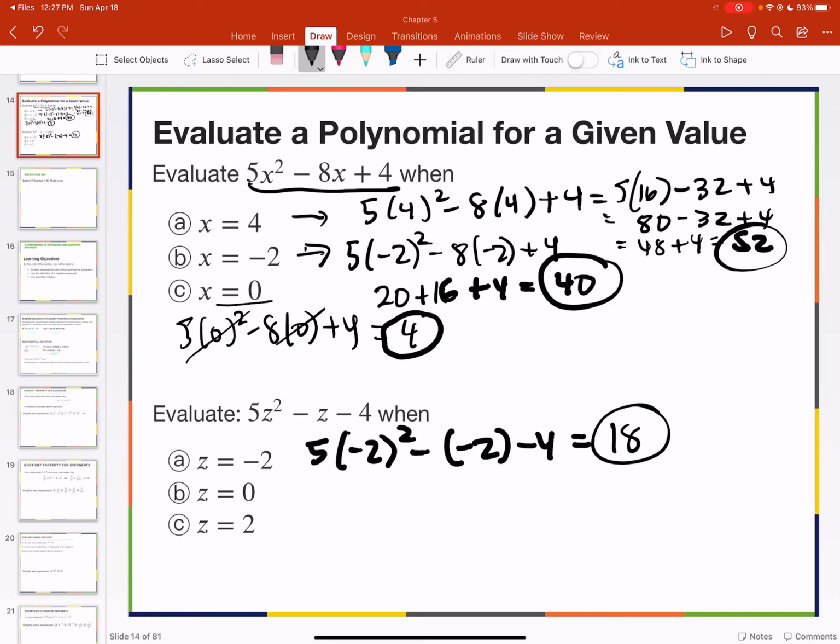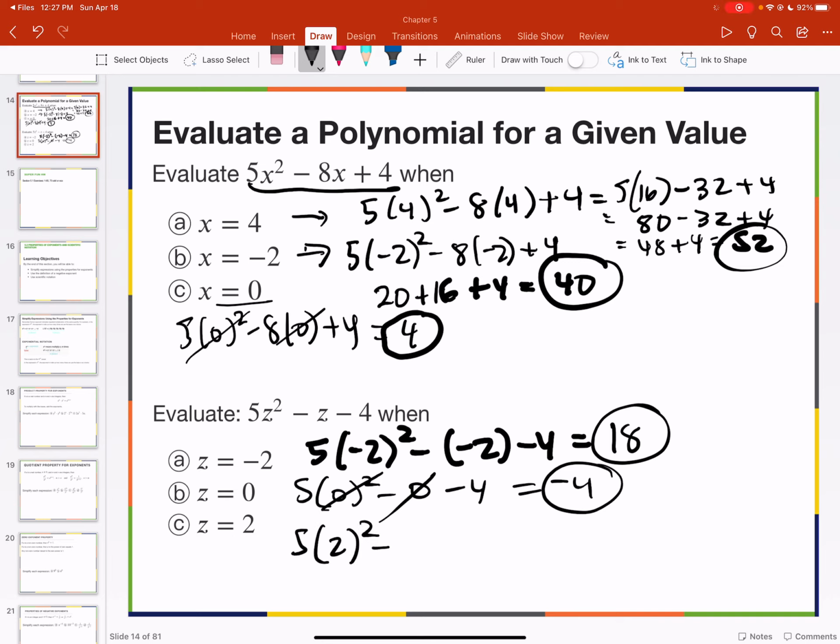Okay, at 0, that's the easy one because 0 makes everything go away. Your answer is just -4. At 2, 5 times 2 squared minus 2 minus 4, that's going to be 20 minus 2 minus 4. So 18 minus 4, final answer is 14.